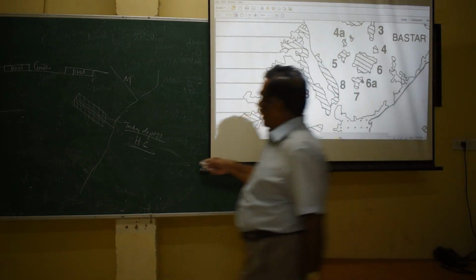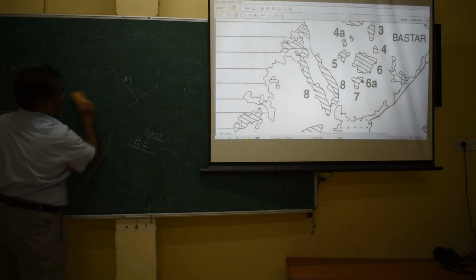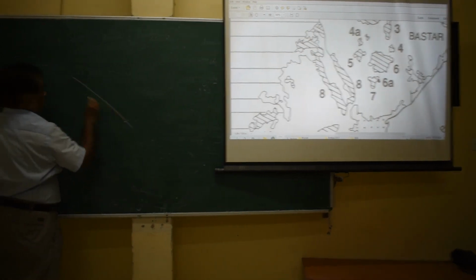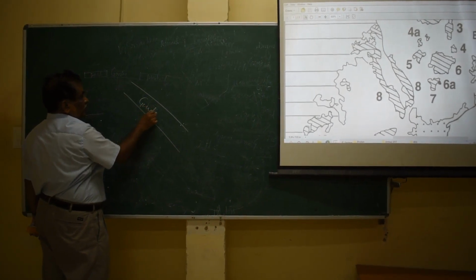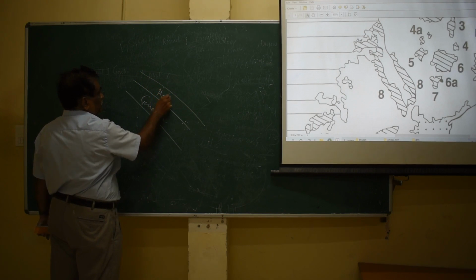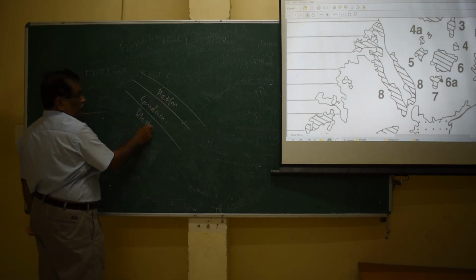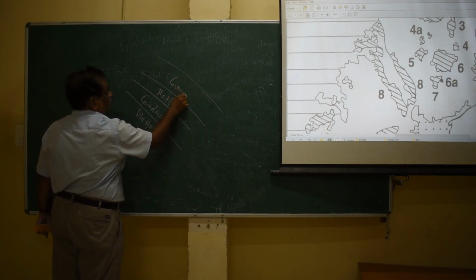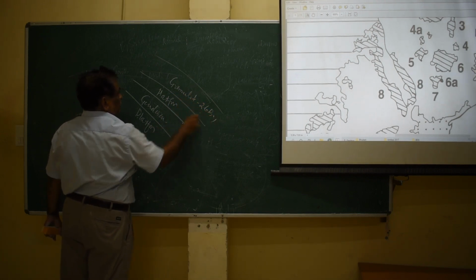So you have just come back to this place. Something like this I will draw again. This is Godavari. Here is your Gondwana. Then you have platform. Then you have granulites, Archean, 2.6 billion years.